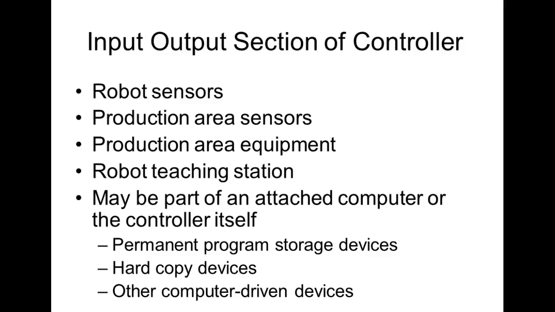The robot teaching station, or the teach pendant, is connected to ports. This may be part of the attached computer or the controller itself. Most robot controllers allow other devices, like PLCs, to be attached, so we can add additional ports to the robot through things besides the actual robot controller itself.